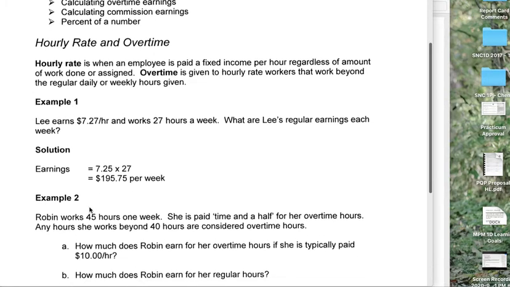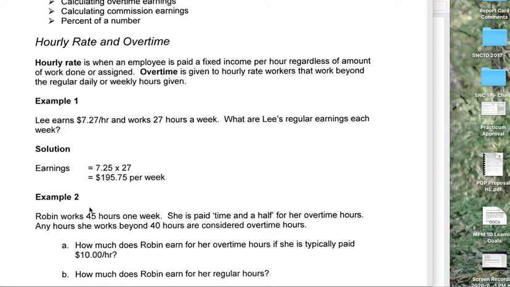So here's an example. Lee earns $7.27 per hour and works 27 hours per week. What are Lee's regular earnings each week? So in order to find this answer, you would multiply the hourly rate of 7.27.